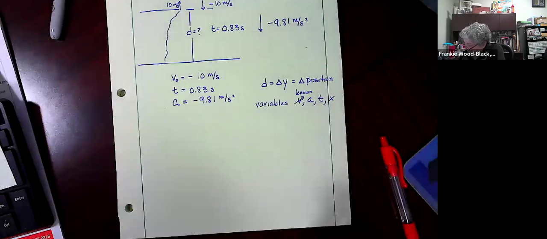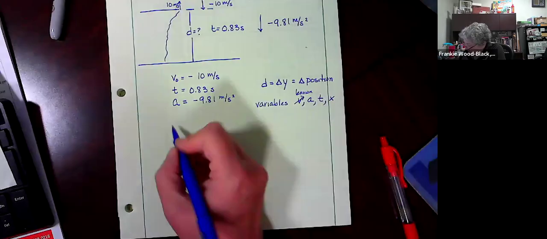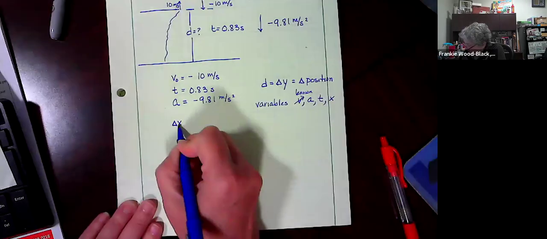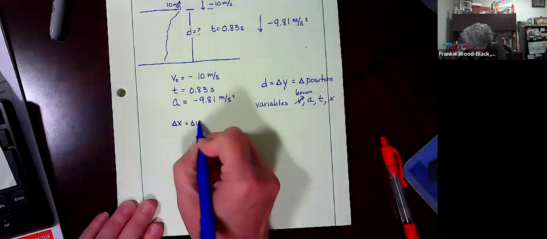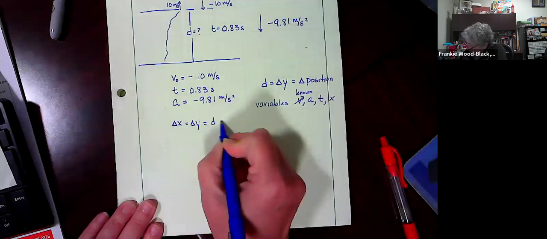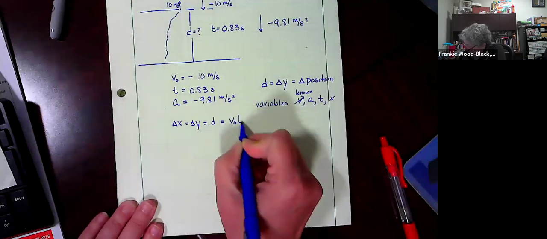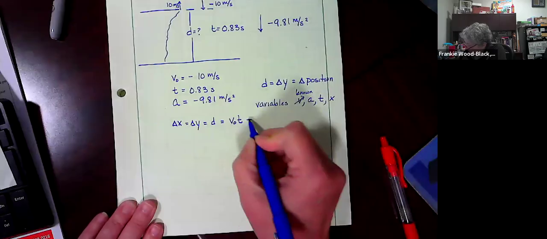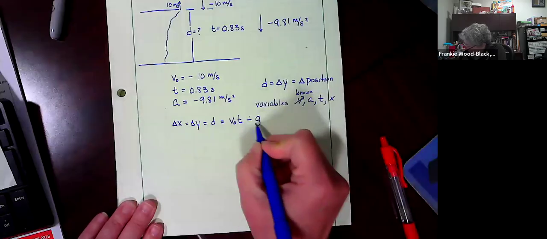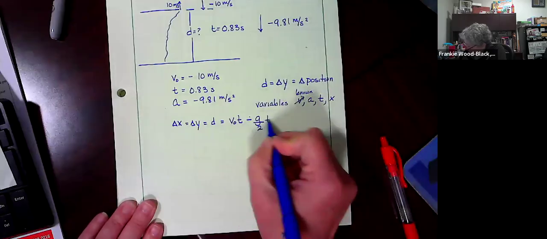My change in position, which is my change in y, which is my distance, is going to be my initial velocity times time minus g over 2 times t squared, because a is equal to minus g.